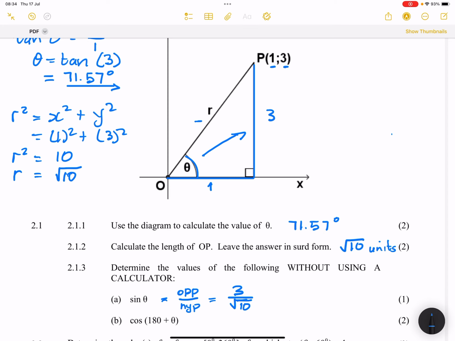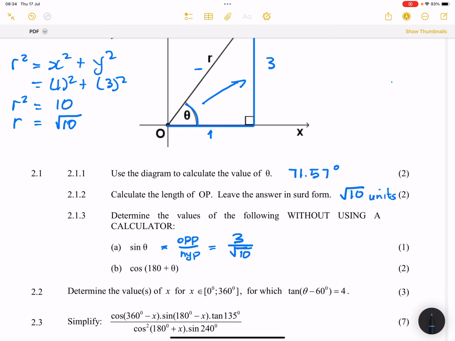Right. And what about cos of (180 plus theta)? Well, we're going to apply the reduction formula first. So firstly, we need to check, where is 180 plus theta? That's in the third quadrant. So how is cos in the third quadrant? We use our CAST diagram.